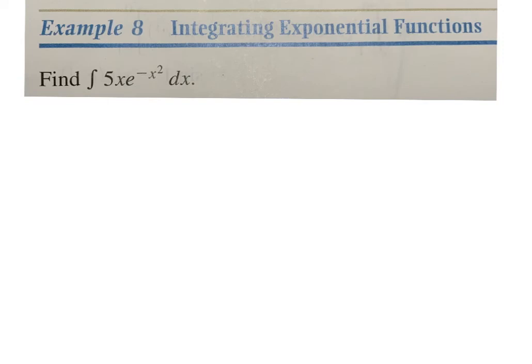Let's look at this one. Basically, my function here is the e to the negative x squared. So my function that I'm looking at is this guy, right? Which means I need to consider a u of negative x to the second power. Well, du would be negative 2x dx. What do I have? I have a 5x dx.